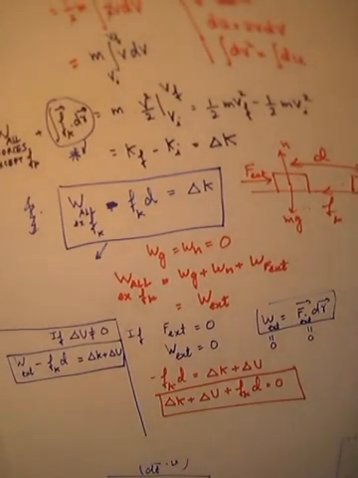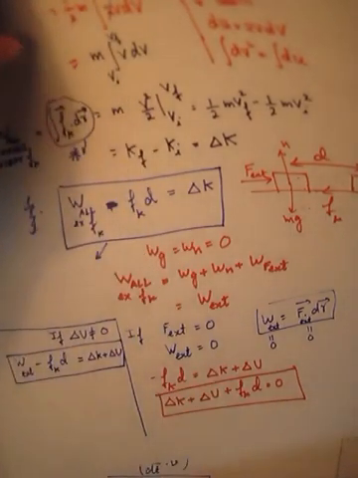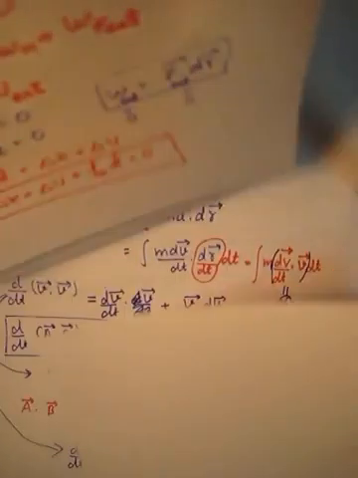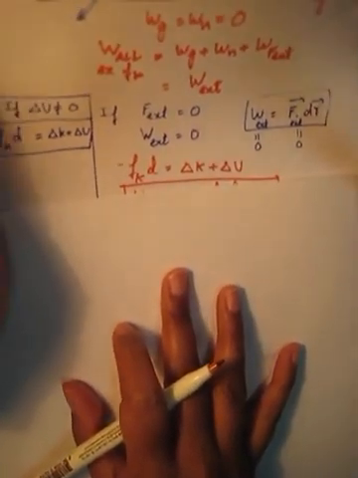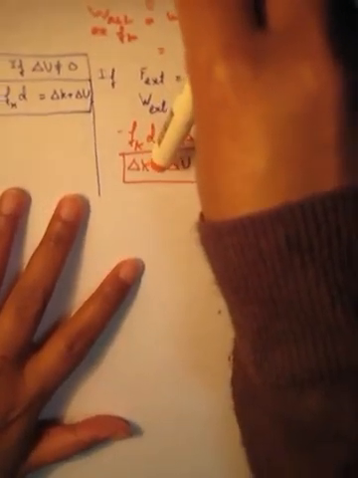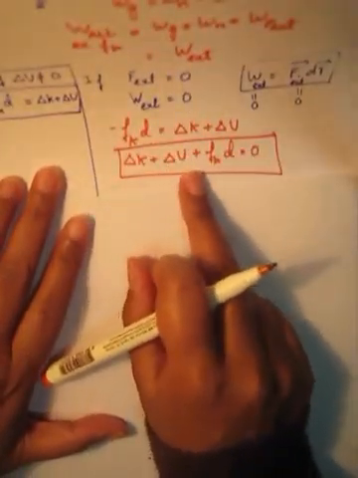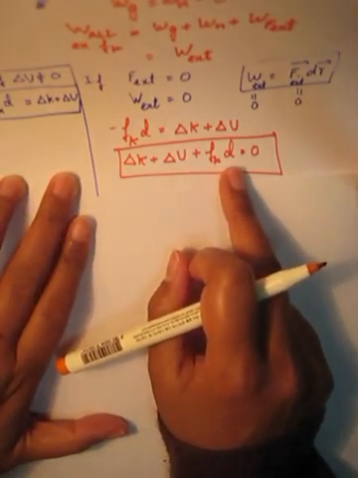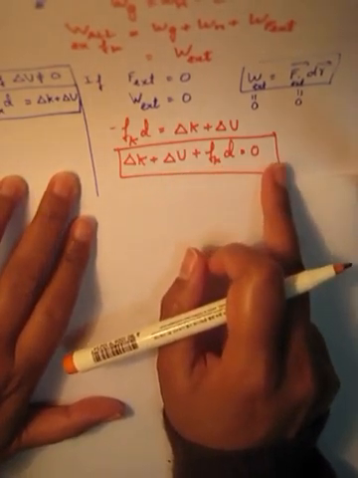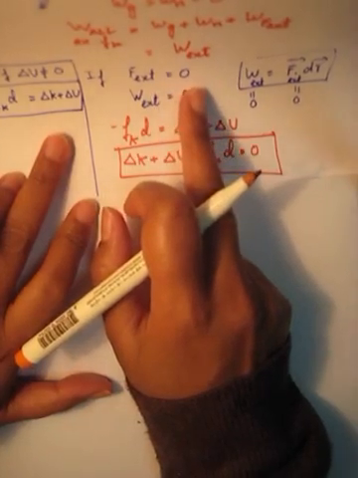So we got this equation, where delta K plus delta U is equal to kinetic friction into displacement, and we are saying that the external force is 0.